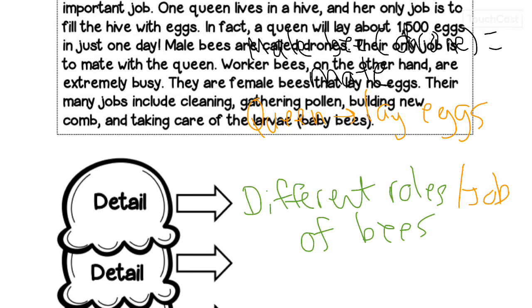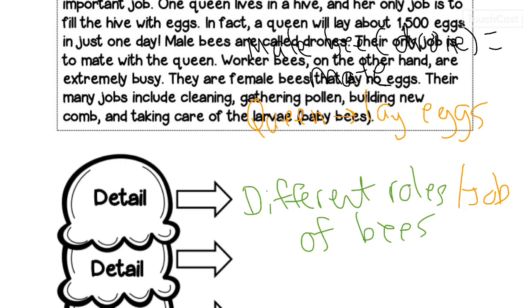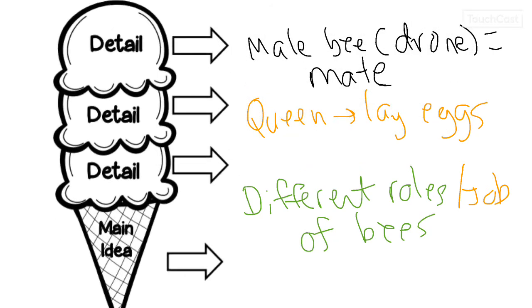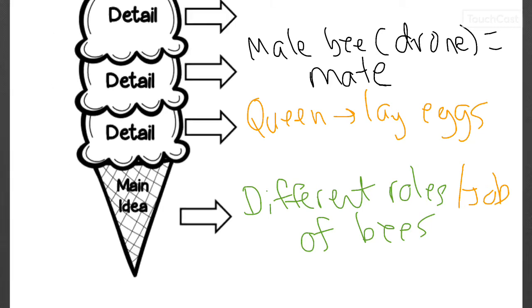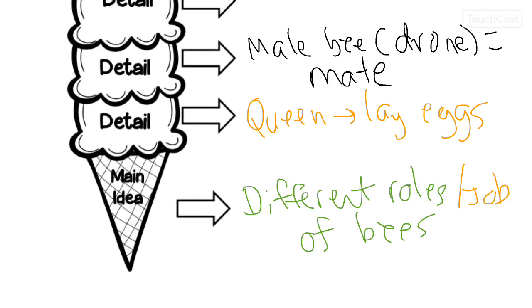And the last one are worker bees. They are females. They're the ones that do everything. Gracious. So, I'm going to write on top of that. Worker bee, female. I'm going to write everything.